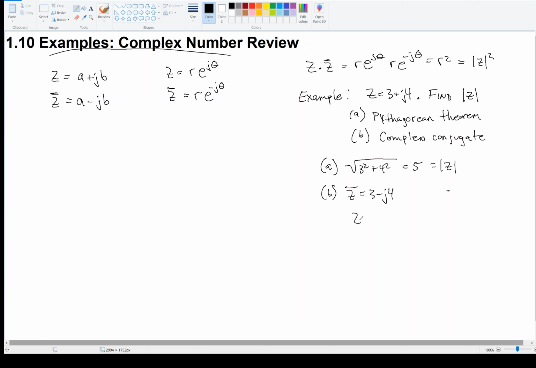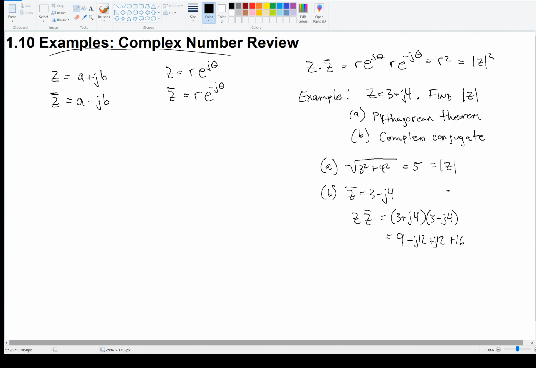Okay, and then if I do z times z bar, it turns out that multiplying with complex conjugates is also easily done in rectangular form because something nice happens. Notice when I FOIL this thing, I do 3 times 3, then 3 times minus j4 is minus j12, and then j4 times 3 is plus j12. And then I have j4 times minus j4. Well, the 2 j's is minus 1, so that makes a plus, and then the 4 times 4 is 16.